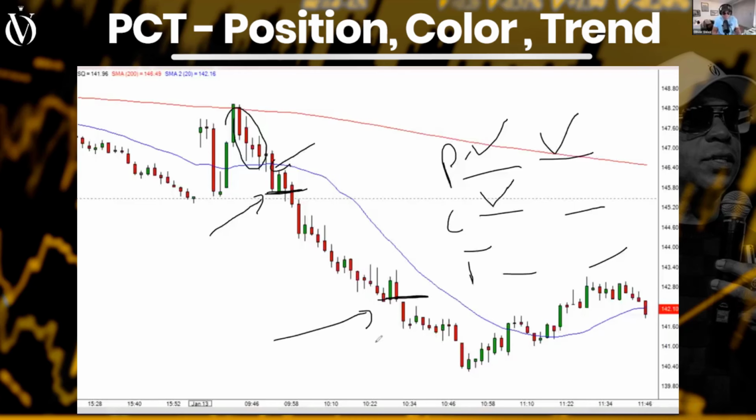Okay. And this one, certainly the dominant color is red. Trend here, not so much. You're more equal trend, right? So on this one, I'd say no, but on this one, I'd say yes. Okay. So they're both 1 and 2. They're both acceptable.